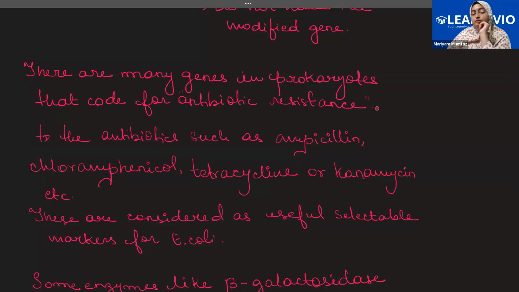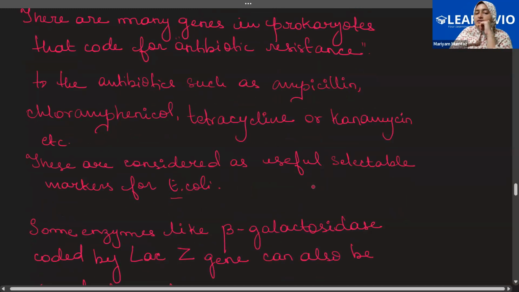They have it in their genes. So, to antibiotics such as ampicillin, chloramphenicol, tetracycline, kanamycin, these are the names of antibiotics to which some bacteria have resistance. And this antibiotic resistant gene is used like a selectable marker, particularly for E. coli, that is the most studied bacteria.